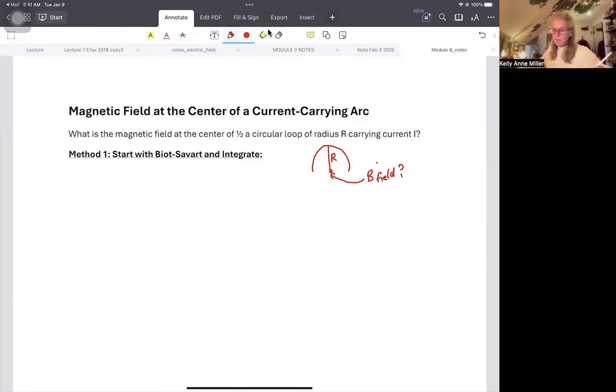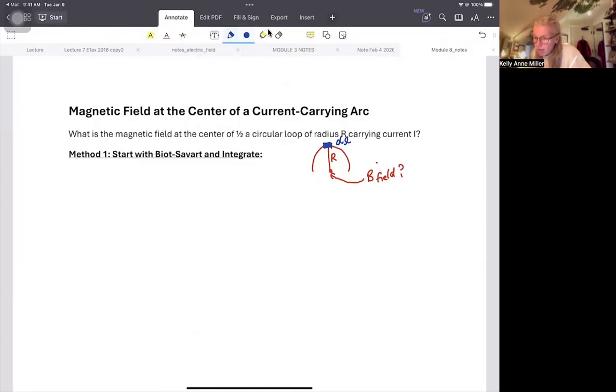The painful way is to start with the Biot-Savart law and then basically integrate. Let me draw another thing on here. Let's say that I have this infinitesimally small segment of wire, which I'm going to call DL.